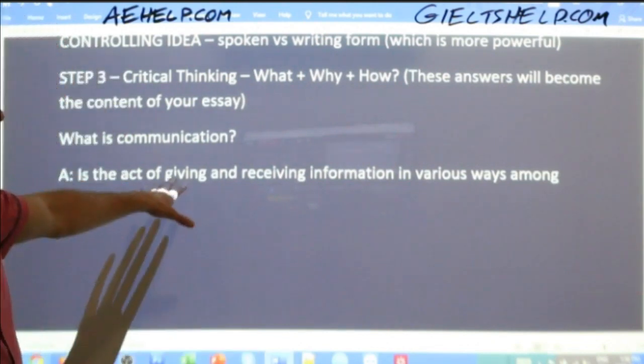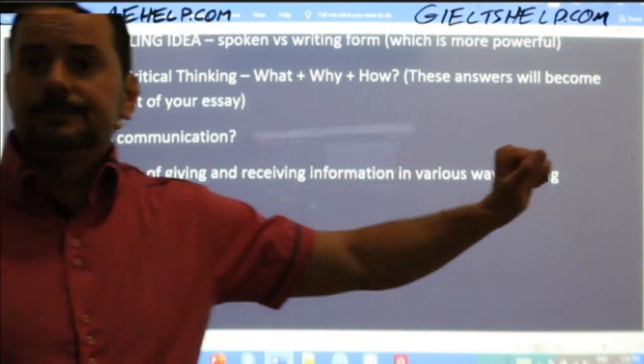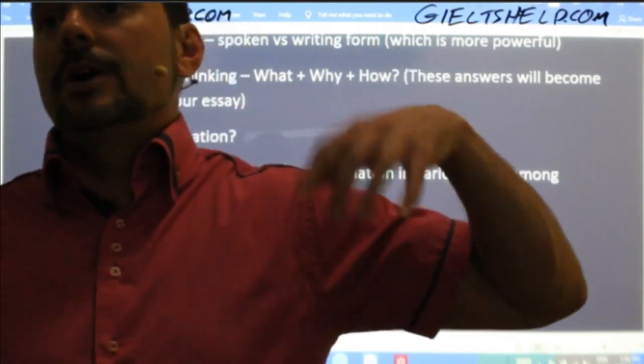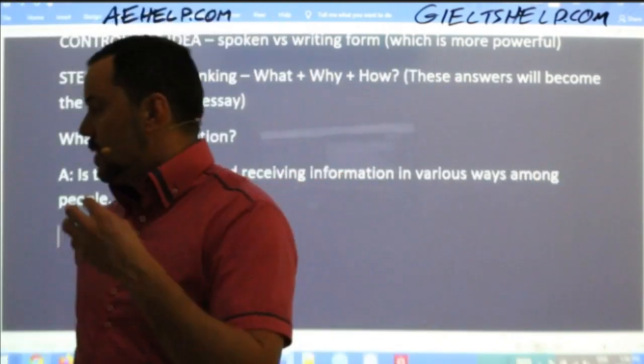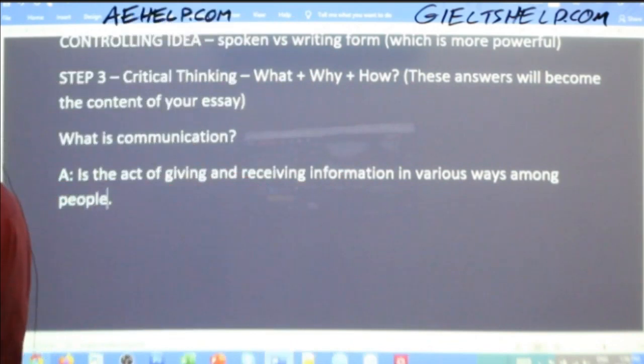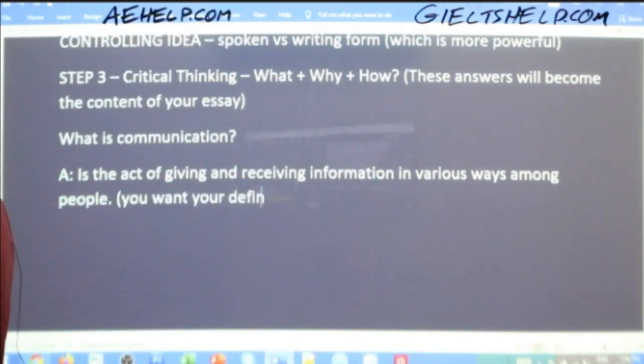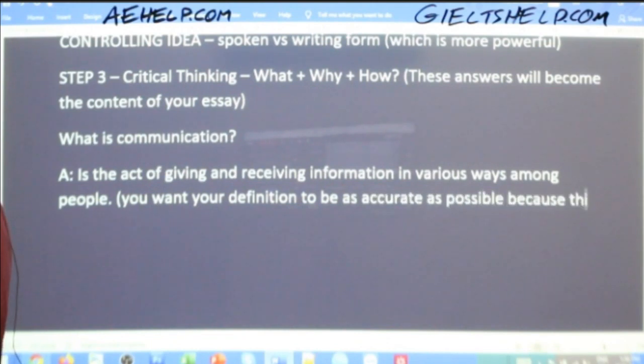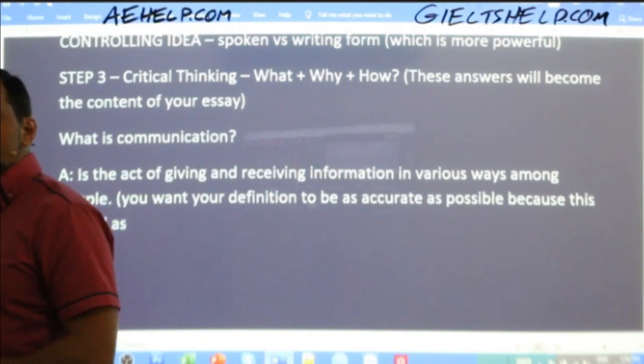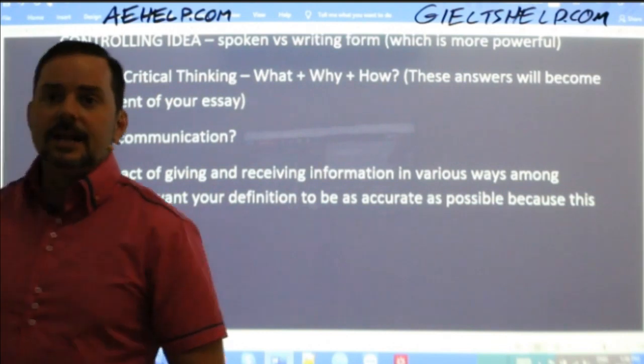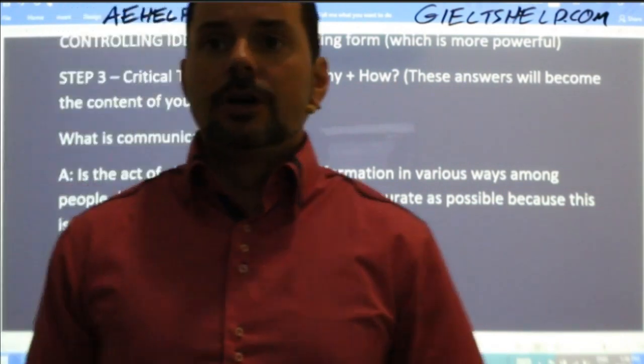Where is this information important? This is why you want your definition to be as accurate as possible, because what do you use this definition as? Yeah, exactly. In the intro background. Very good, Rajveer, Bhumi, Khyber.